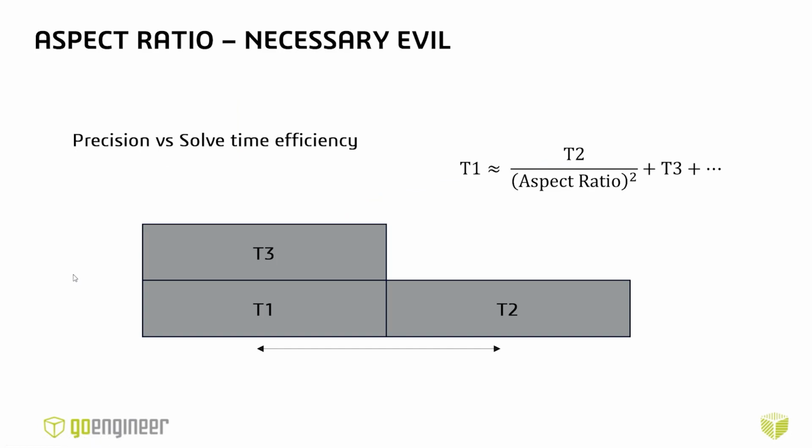High aspect ratio elements can add inaccuracies to the study. They are unfortunately a necessary evil for solve time efficiency. So just keep in mind what they affect so you don't create too crazy of an aspect ratio and have an adverse problem.